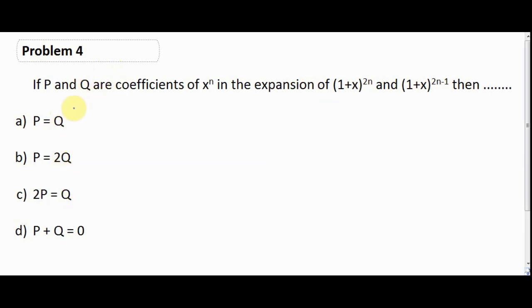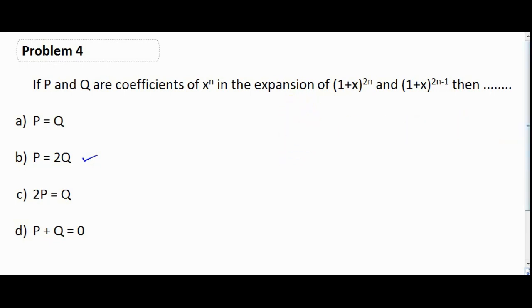So here the answer will be p equal to 2q. The coefficient of x raised to n in the expansion (1 plus x) whole raised to 2n is p. That will be 2 times the coefficient of x raised to n in the expansion (1 plus x) whole raised to 2n minus 1. So this is based on property number 7 of binomial coefficients.